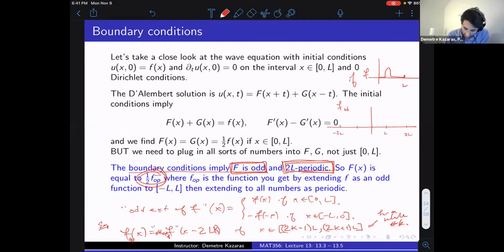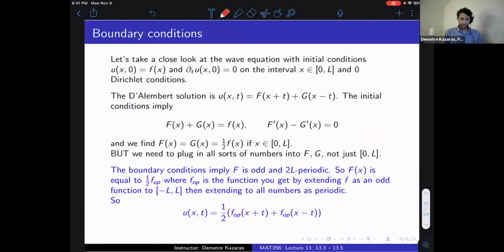Then it would look like this. Okay, a little bump in the negative direction there, and then you repeat that. Negative bump there, positive bump here, positive bump there, negative bump there, etc. That is the odd periodic extension of f. That is what f is, and g is the same thing.